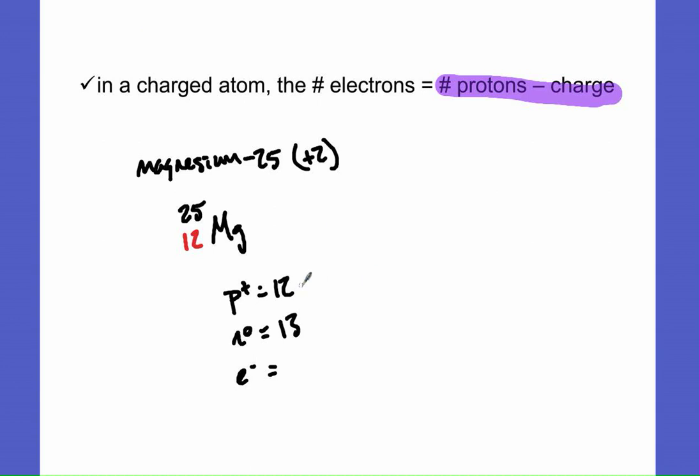So when it comes to electrons here, I need to have more protons than electrons. I need to have two more protons than electrons. So in order to figure out how many electrons there should be, I subtract 2 from my protons. And that should give me a 10. So I need 10 electrons, 2 less than the protons. That's why I end up with a positive 2 charge.